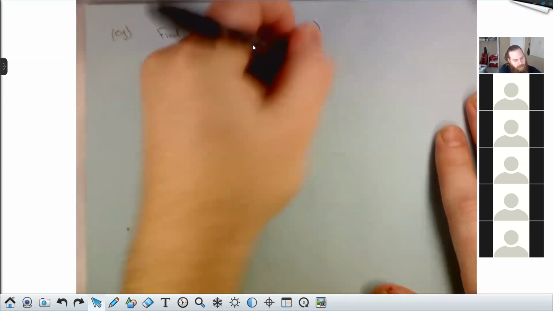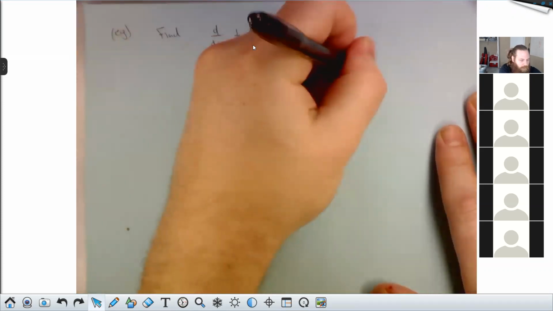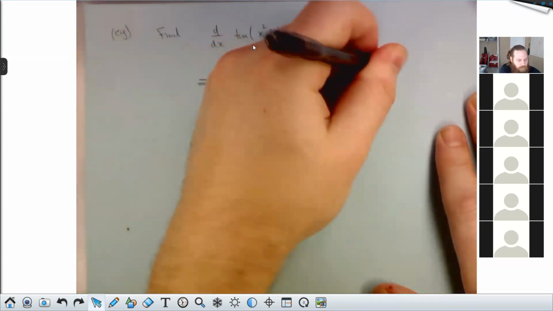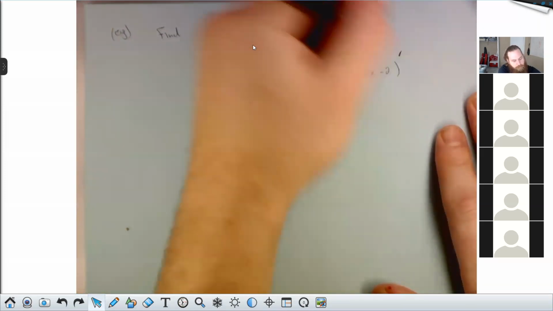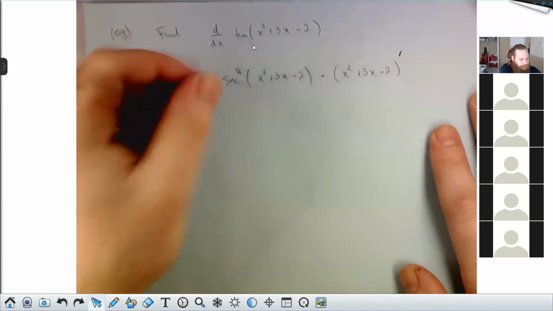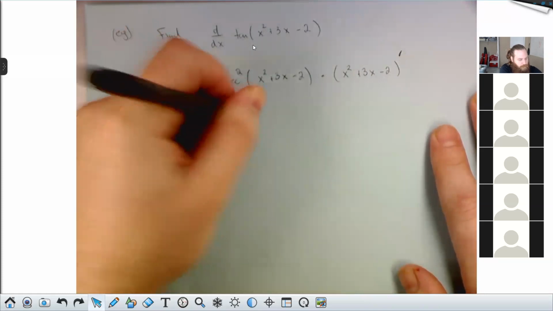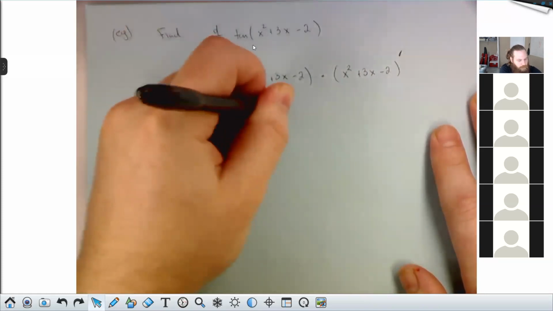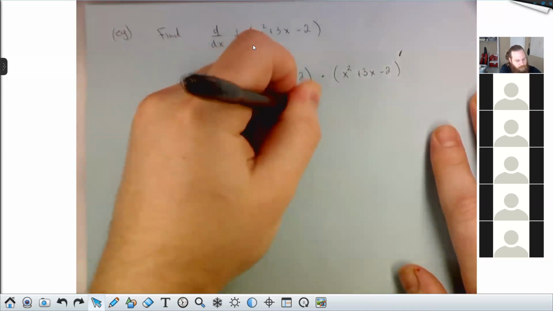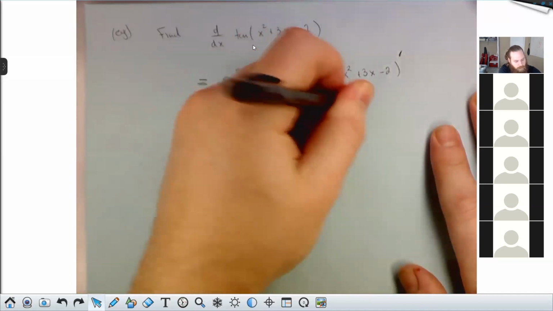And then I'm going to multiply this whole thing by the derivative of the inside. I'll just write that out schematically. That's how it's done. And now in my next line, I'll compute this derivative. So this is going to be secant squared of x squared plus 3x minus 2 times 2x plus 3.